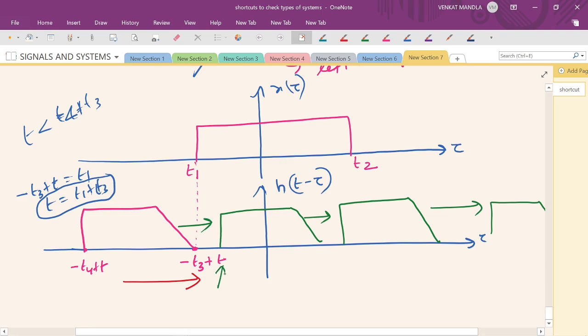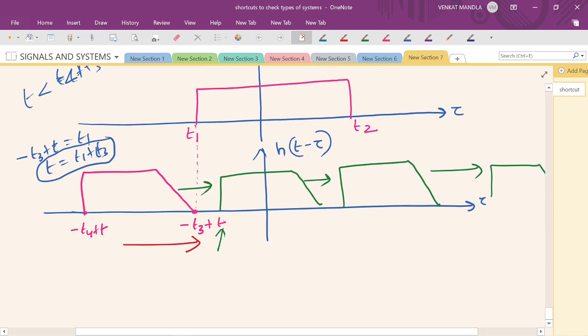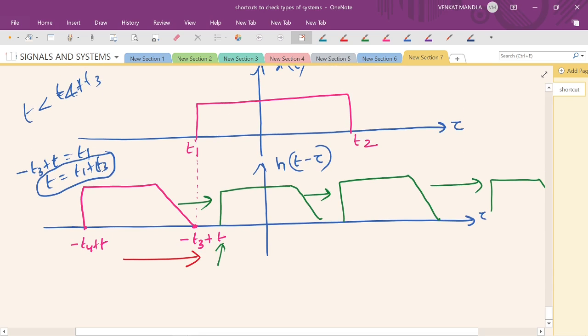If you change this t value, the shifting will be towards the right side, and then you will get some overlap area, right? So I want to find out the rightmost point. From where will you get the rightmost point?